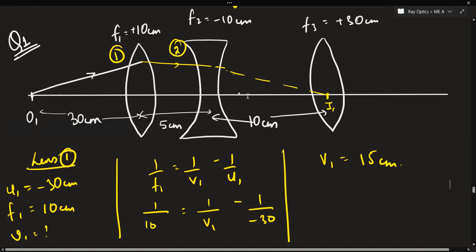For lens 2, object distance is this 10 centimeters. Understood? This plus 10 centimeters becomes the object distance. And remember I told you for virtual object, you get positive value. So you are getting positive value for virtual object. You can get negative also. That is not fixed, but here we are getting positive. So that's what I'm discussing. And focal length is minus 10. So minus 10 focal length.